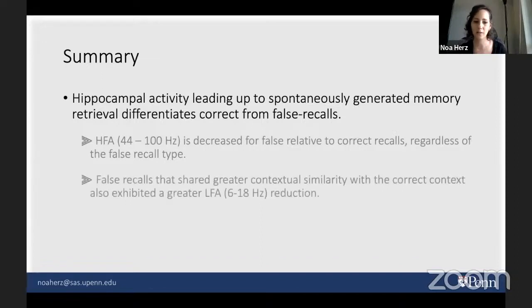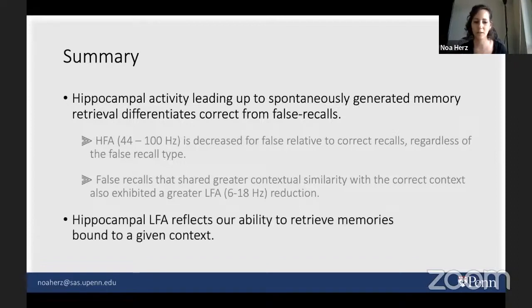Contrary to that, low frequency activity in the hippocampus differentiates between correct and false recalls, but is also sensitive to the degree of similarity between the item and the target context. So by showing that hippocampal low frequency activity is sensitive to the association between items and context, we suggest that it actually reflects our ability to retrieve memories that are bound to a specific context.